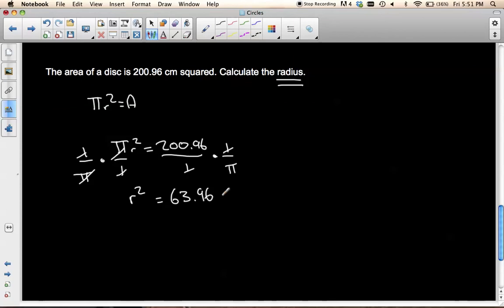Okay, so 200.96 divided by pi gives us 63.96. So we have the radius squared though.